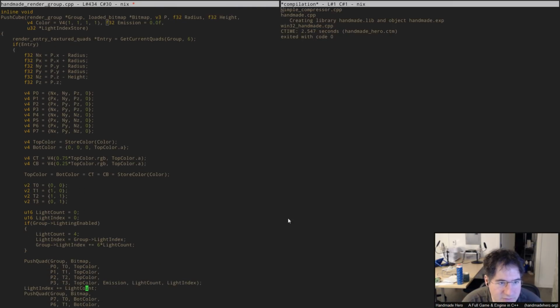So what we can do here is say, well, if the thing in the light index store is a valid value that we can use, then we will use it. If not, we will assign a new light index to it and use that instead, right? That's basically what we're doing here.